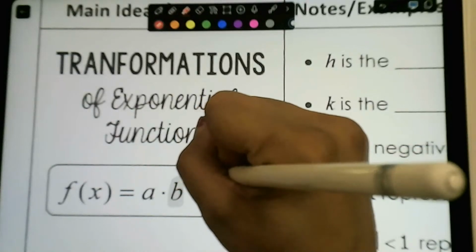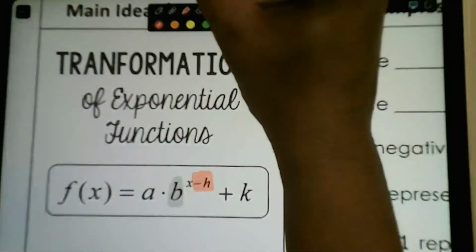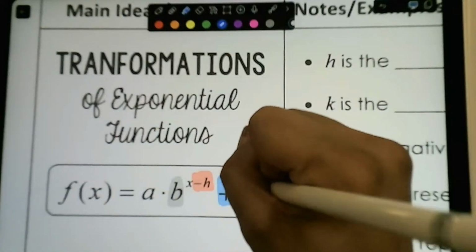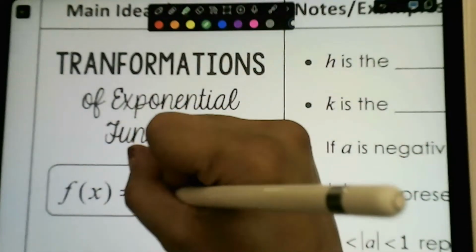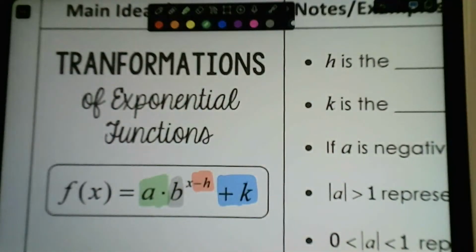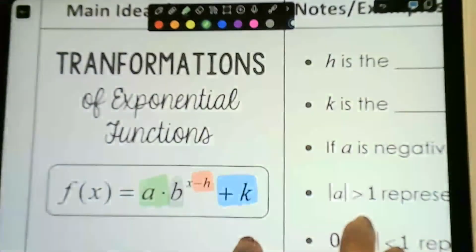And so this is our horizontal transformation. We see a k. Here's our vertical transformation. And we see an a being multiplied to the base. That's our reflection and dilation information. So it's exactly the same as all the other transformations on parent functions that we've handled previously. And they all do the exact same thing.